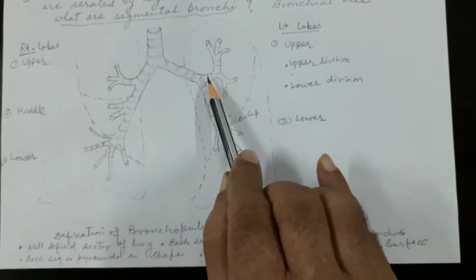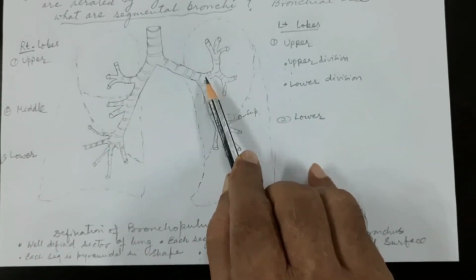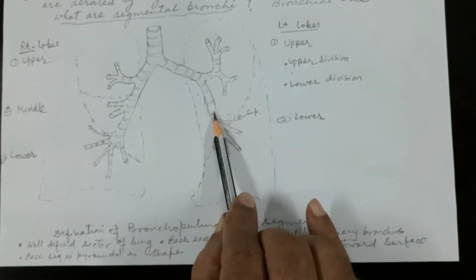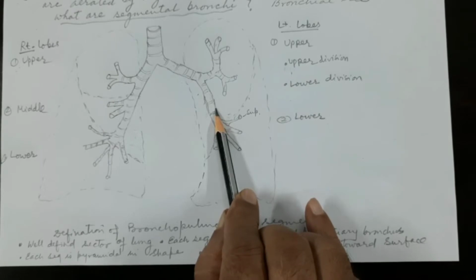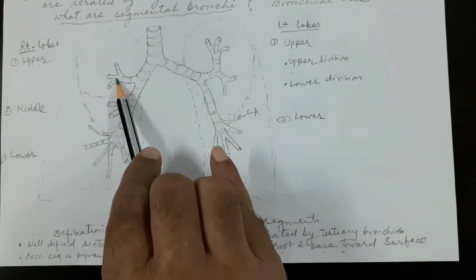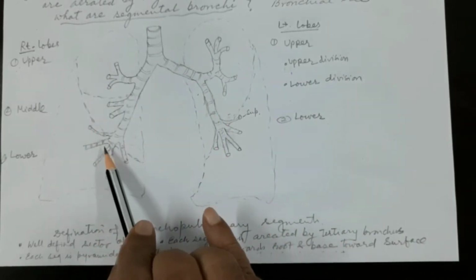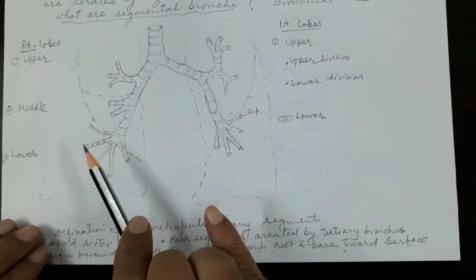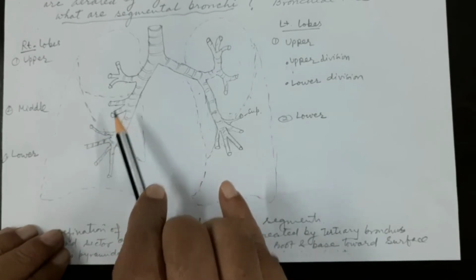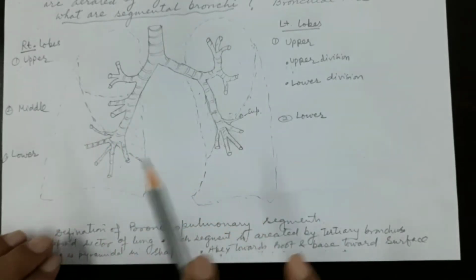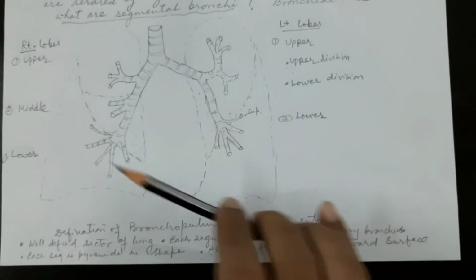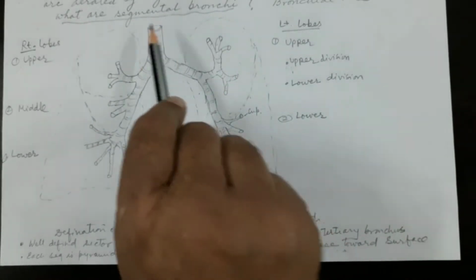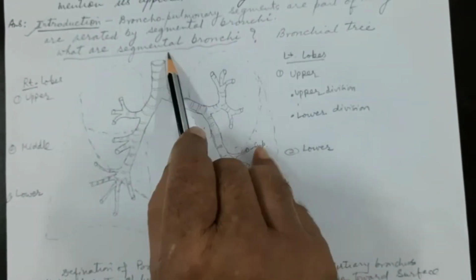There is no middle in the left lung. These then divide further into the tertiary division, and these divisions are called the segmental bronchi. So it is the tertiary division which is known as the segmental bronchus.